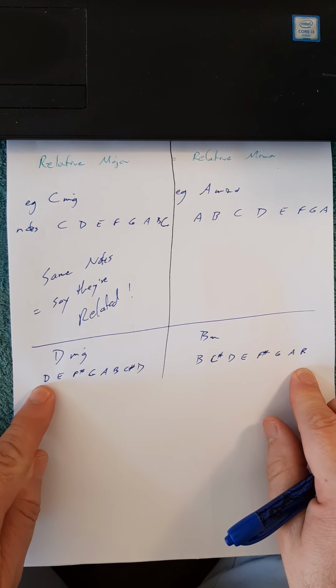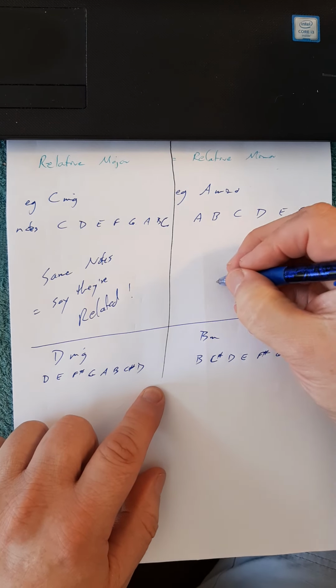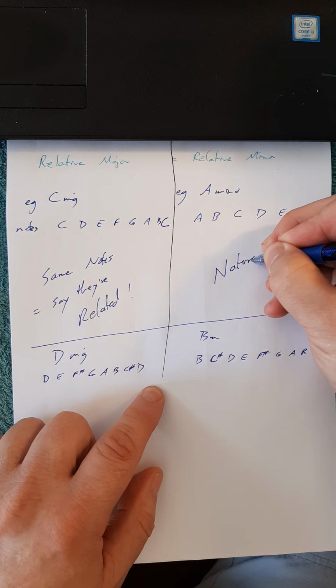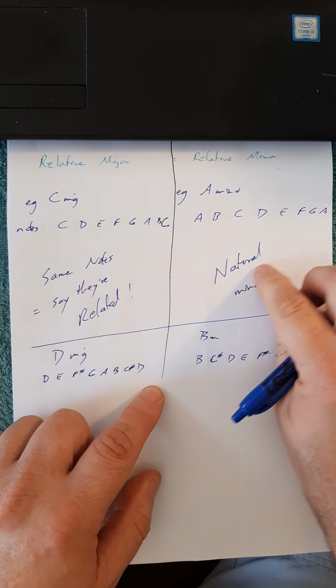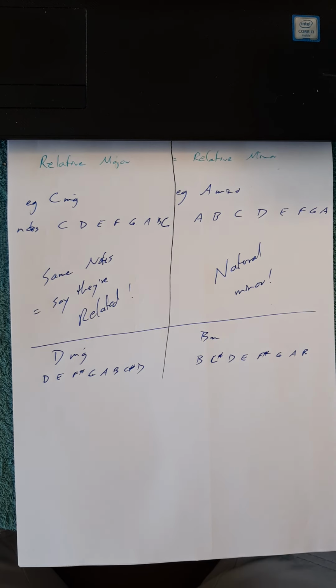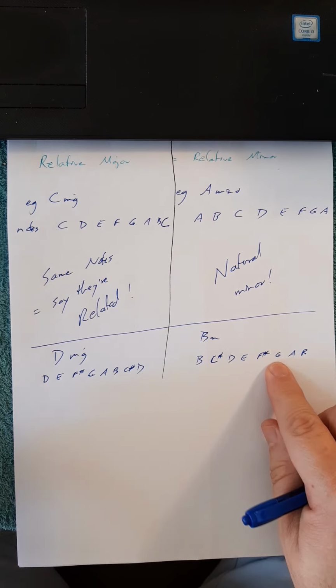Now, there are harmonic and melodic minors not in this study. We're looking at what they call the natural minor, and no, we did not get an unnatural minor. Okay, this is the natural minor, also known as the Aeolian mode. Time for another day. But we can see those two are also related.